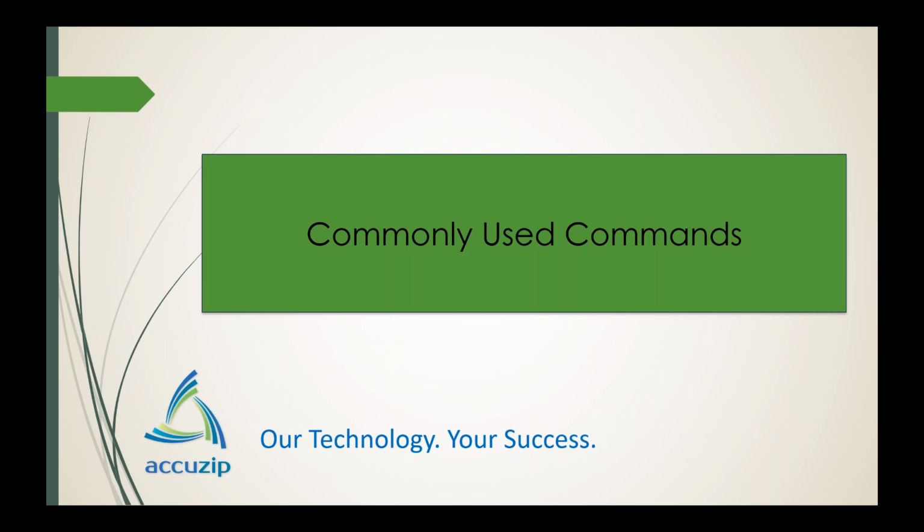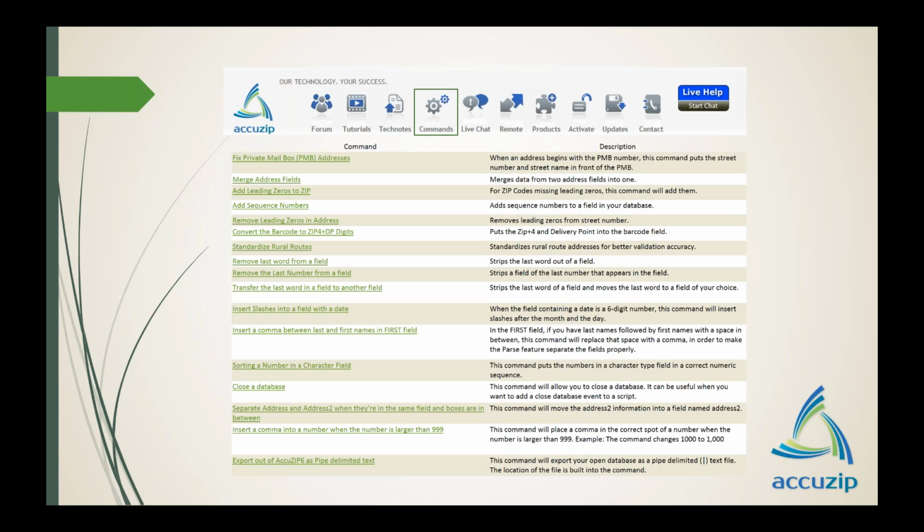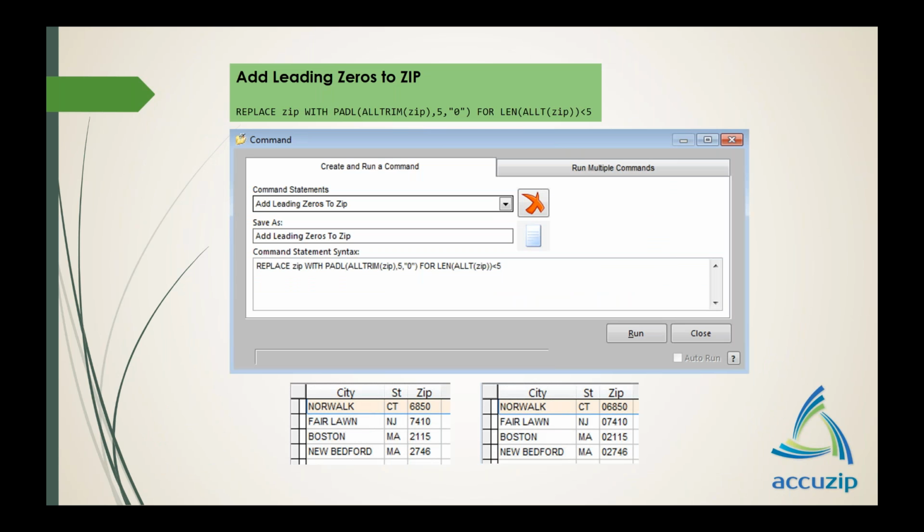So back to that topic of commonly used commands. Here you can see again some commonly used commands, and I've actually got a couple of examples for you here. So here's the add leading zeros to zip command that we have on our website. You can see the command right there. I've copied and pasted the code from that command straight into the command statement syntax area of my command window, and I've saved this command as add leading zeros to zip.